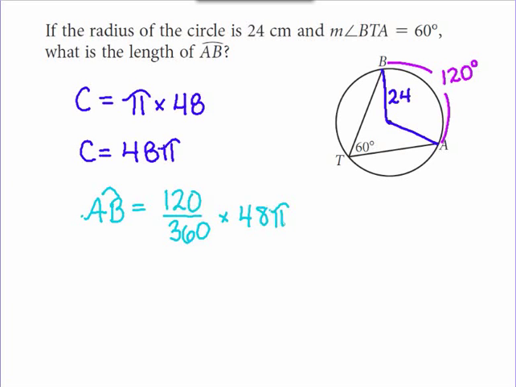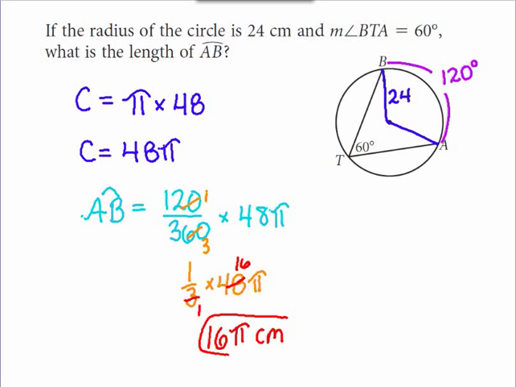And that's it. So now let's reduce. 120 over 360 is 1/3. So I end up having 1/3 of 48 pi. Okay, 3 goes into 48 how many times? 3 goes into 48, 16. So your answer for the length of arc AB would be 16 pi centimeters.